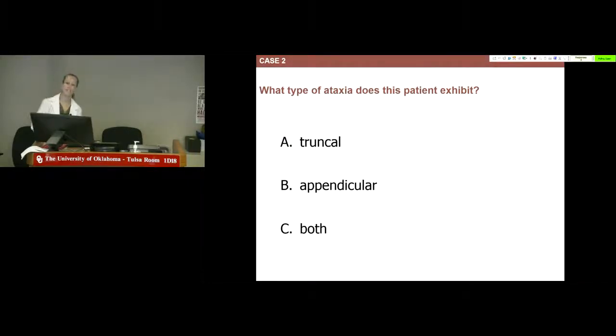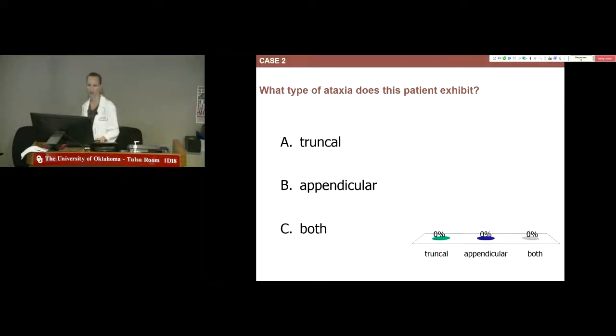So what type of ataxia does this patient have? Okay, so get our votes in. Okay, so we are mostly correct, not all correct. This patient had truncal ataxia. This patient actually specifically did not have appendicular ataxia.